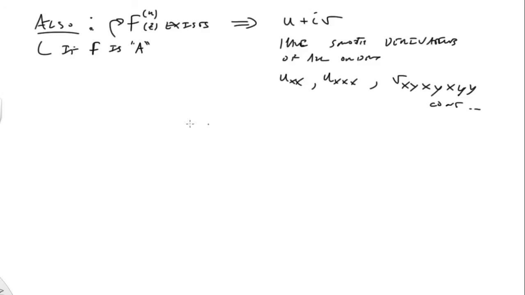The next thing to do then is talk about another corollary. And this has to do with what we know from Cauchy-Goursat.